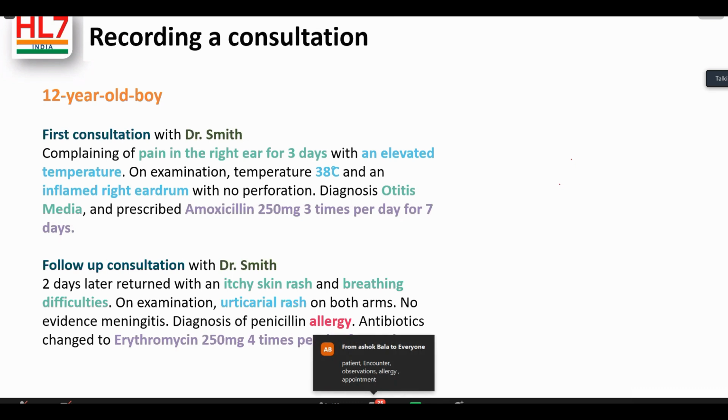Okay, so 12-year-old boy means we are talking about patient demographics. So there should be a patient resource for sure. That's the hint that I gave you. Now, other resources, just go with it.